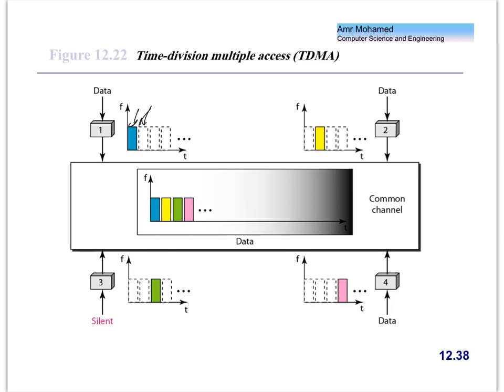And whenever you send a signal, the signal propagates, and it takes time to reach the different nodes. So we need these guard bands to account for the propagation delay across the shared medium, regardless of the location of the node on the shared medium. Okay, so we still need guard bands.